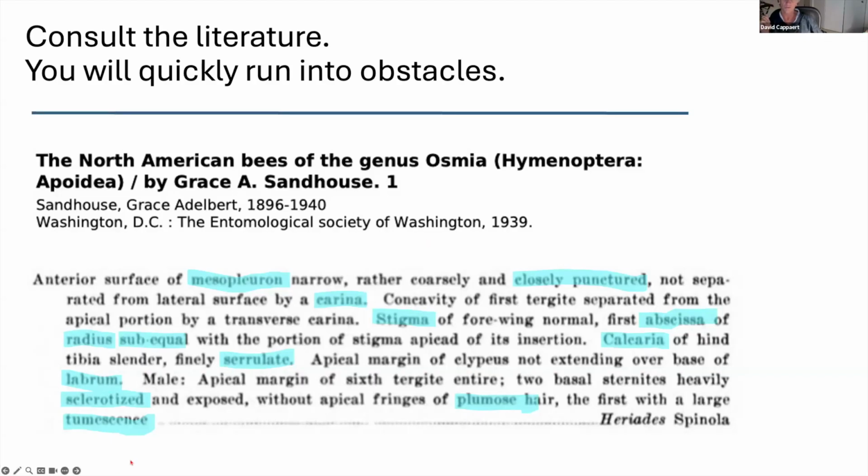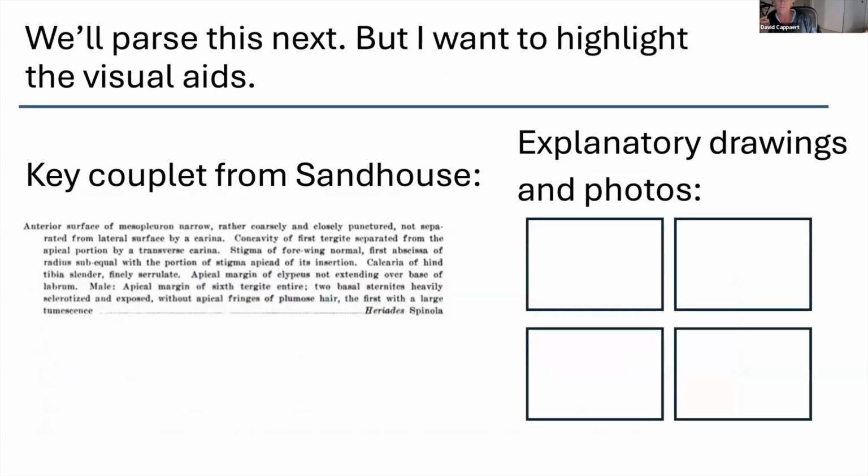A take home for me is that when you look at a block of text like this, where I've highlighted all these words that are bee specific, or Greek or Latin terms, if you're trying to key something out and you have to stop on half of the words in a paragraph, you're going to get tired really quickly and frustrated really quickly. This happened to me, and I'm sure it's happened to everybody else who does this too.